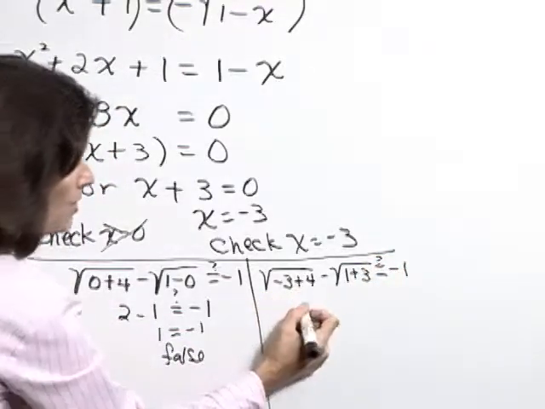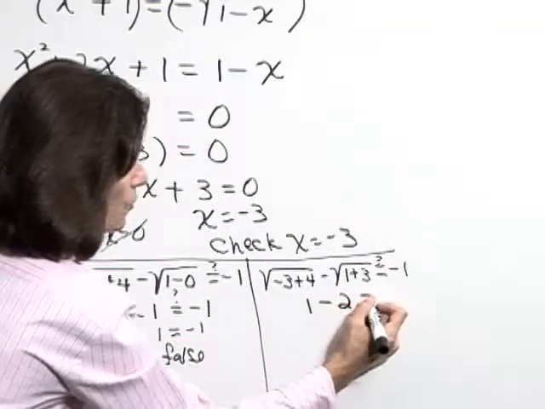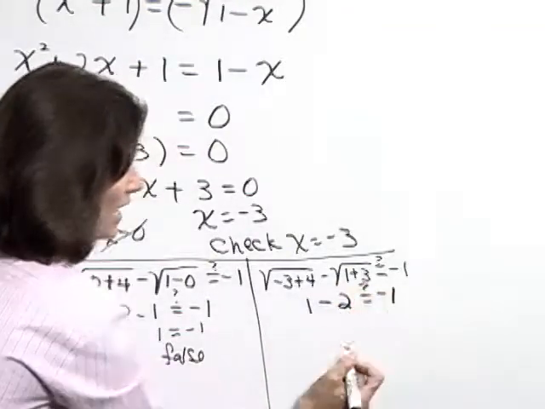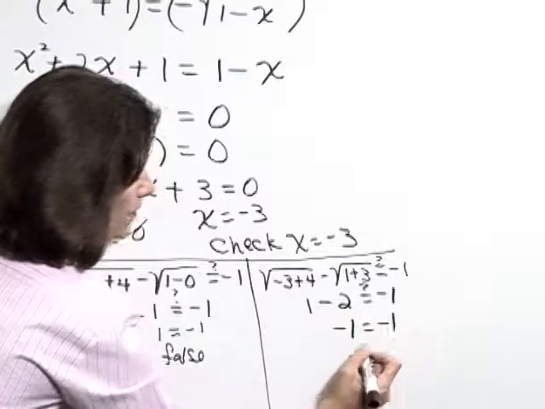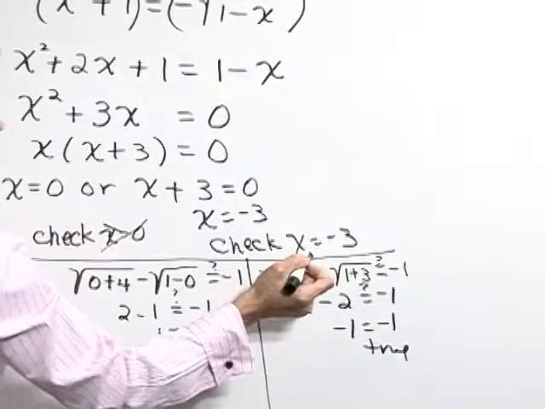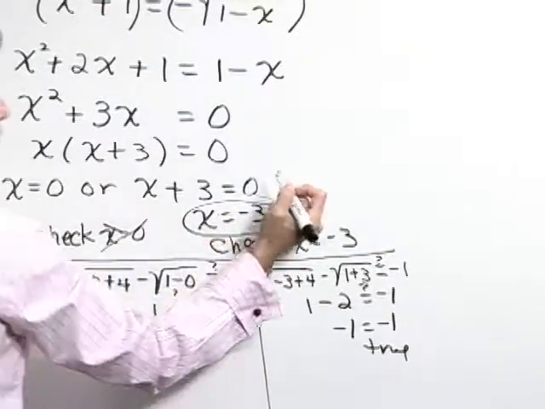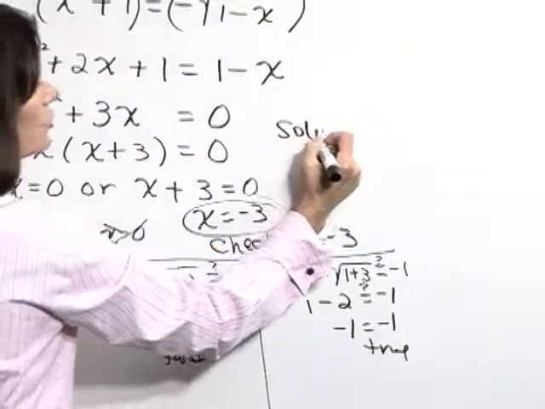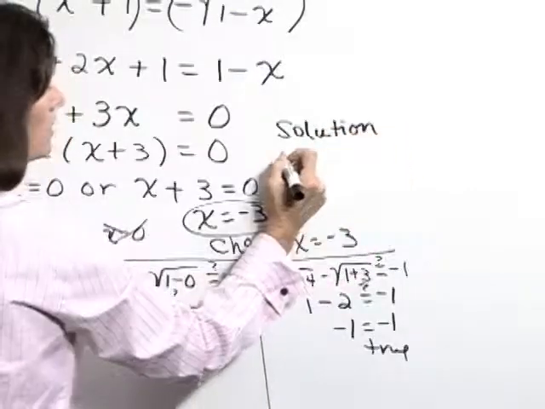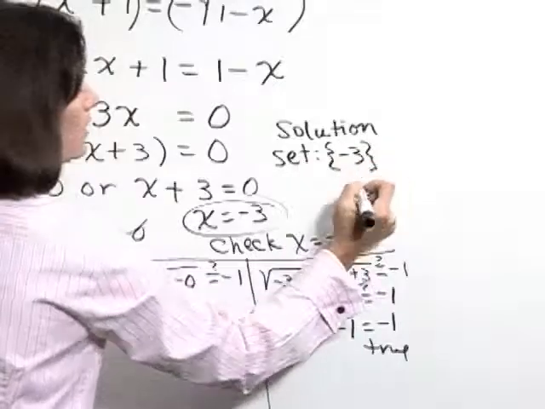That's the square root of 1, or 1, minus the square root of 4 is 2. Is that equal to negative 1? Yes, it is. That is true. Okay, so we've got one solution to this equation. It is x equal negative 3. Let's write then that the solution set is negative 3.